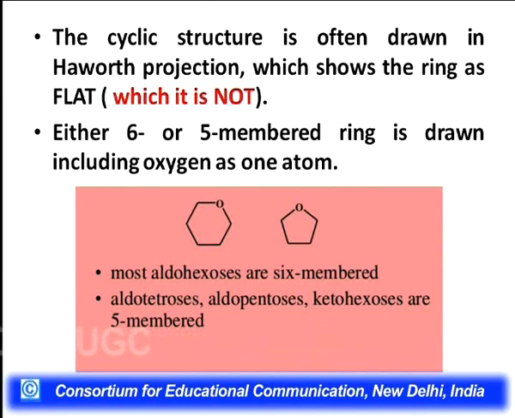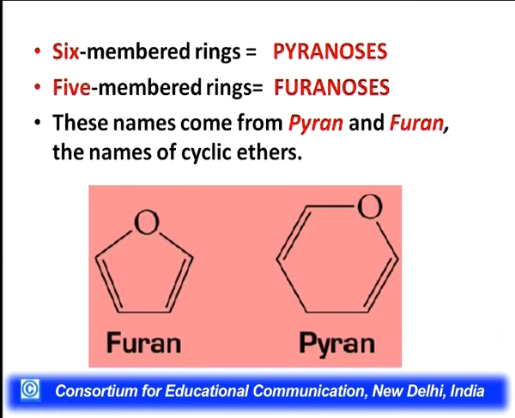Most of the aldohexoses are represented in the form of a 6-membered ring in which oxygen is the heteroatom. And aldotetroses, aldopentoses and ketohexoses form 5-membered rings. These 6-membered rings are known as pyranoses, and 5-membered rings are known as furanoses.